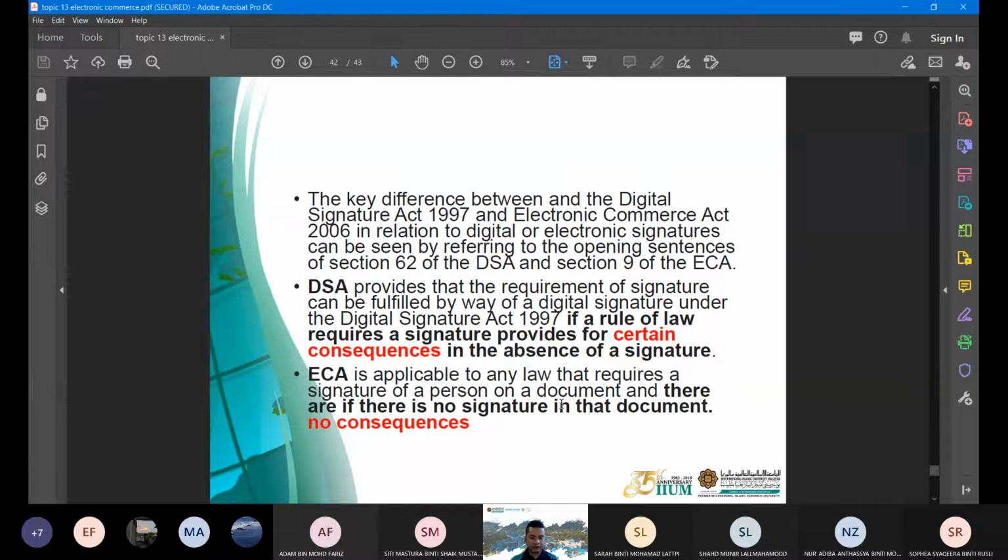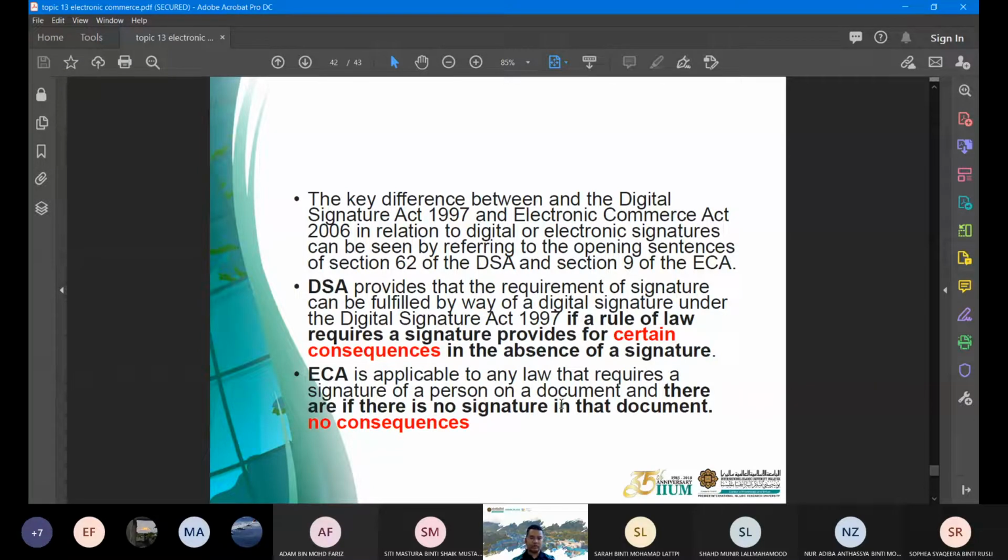But in the ECA, Electronic Commerce Act, if you just use, you just sign, there is no effect, no consequences. Dia kata ECA is applicable to any law that require a signature of a person on a document, and there are consequences if there is no signature in that document.